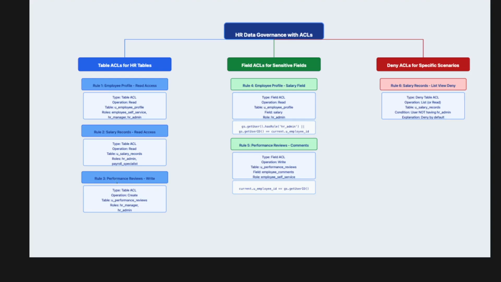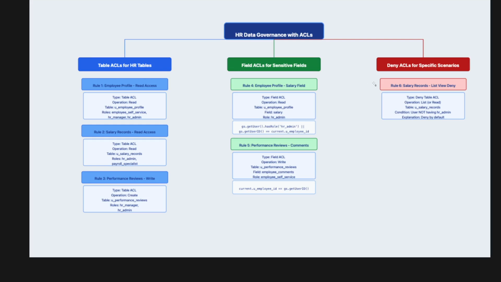So here the HR data governance with ACL is a bit more elaborate than the previous slide. You can see there is rule number 1, which applies to this table, which is read access, and rule number 2, and rule number 3, which are the write operators, and there's a custom table, and then rule number 4, rule number 5, and here we use ServiceNow's server-side script syntax, so we can form a script by using this method for evaluating the ACL.